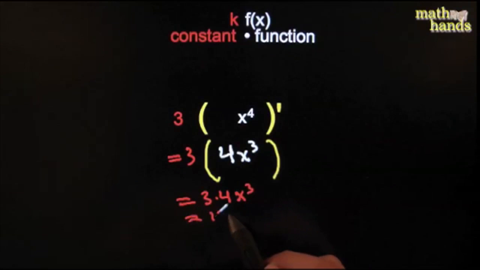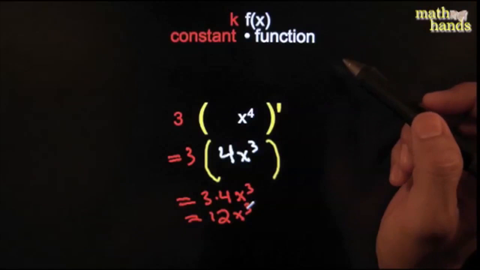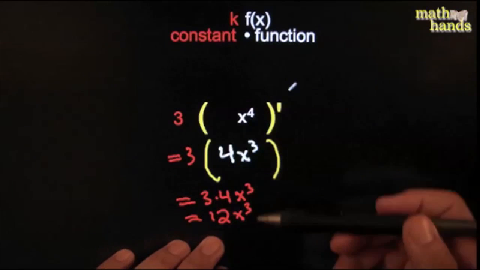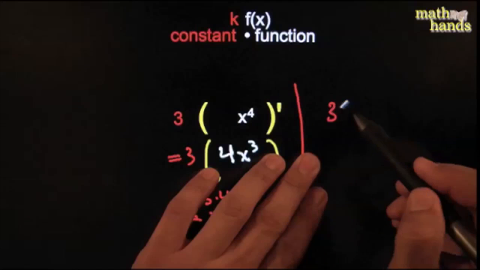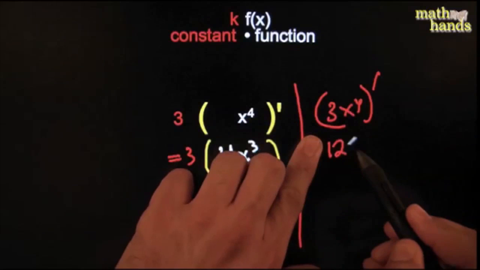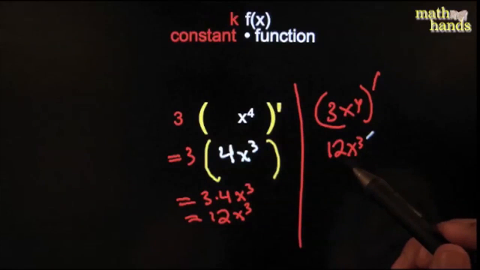Of course that's equal to 12x to the third. This is called pulling the constant out. And in practice, this goes by much quicker. If you have 3x to the fourth and you've got to take the derivative of that, you think, well, that's 4 times 3, that's 12x cubed, and you just leave the 3 there. That's usually how it's done in practice.